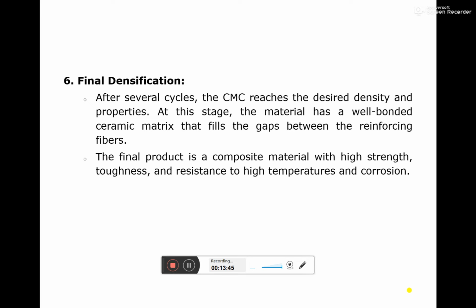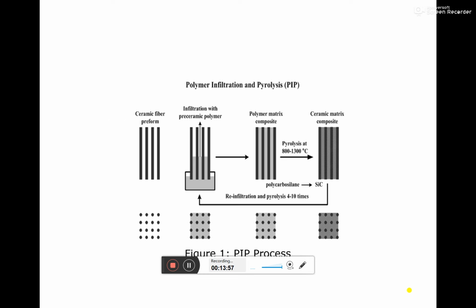This is the final product we obtain after multiple cycles of infiltration and pyrolysis. These are the different steps in the polymer infiltration and pyrolysis process.